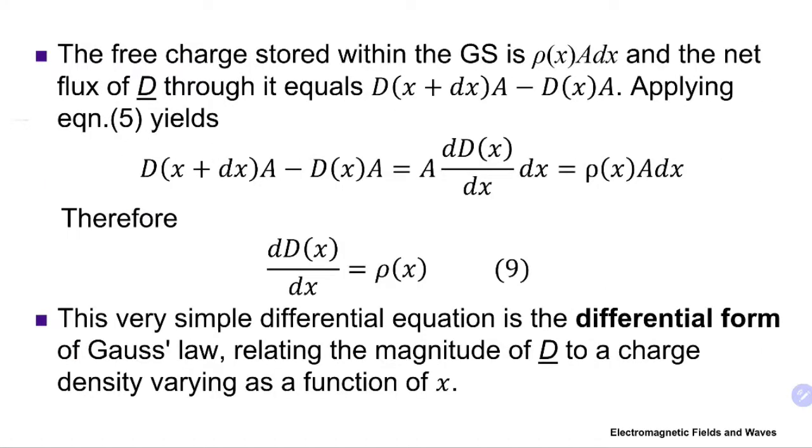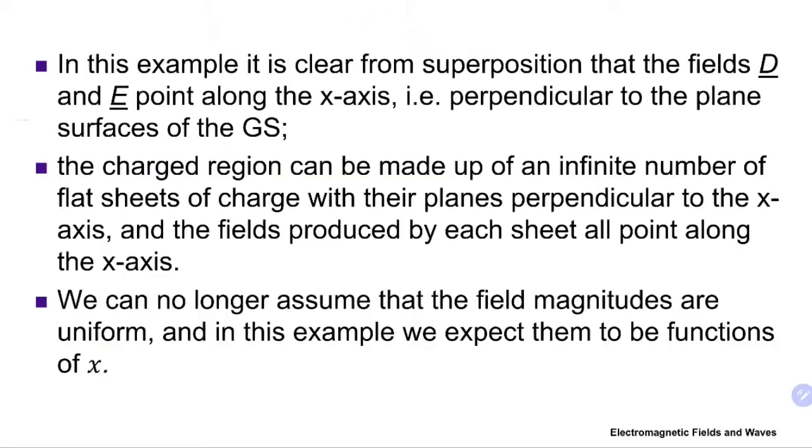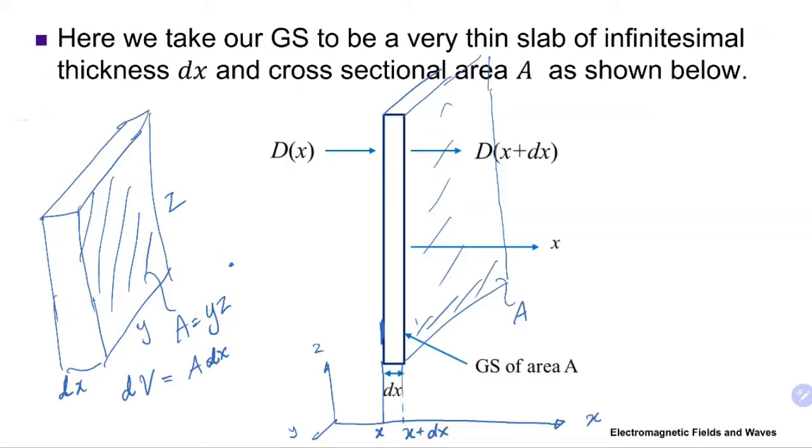To work out the charge, we said that the charge density is Q over the volume V, and that the volume is equal to A dx. That is the volume I mentioned just now. So the volume V is equal to A dx.